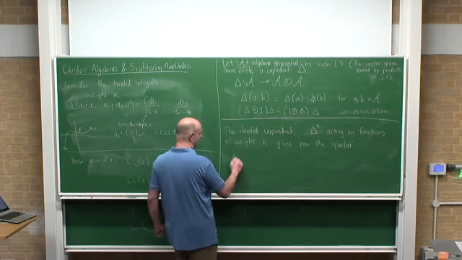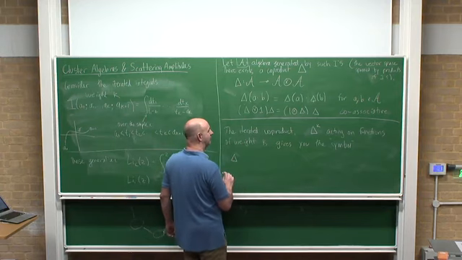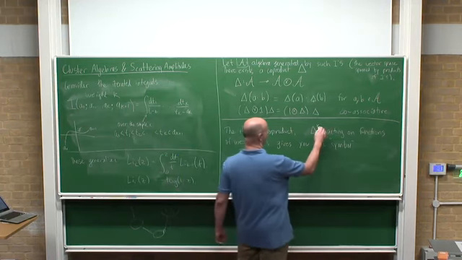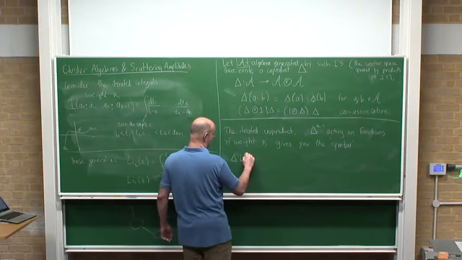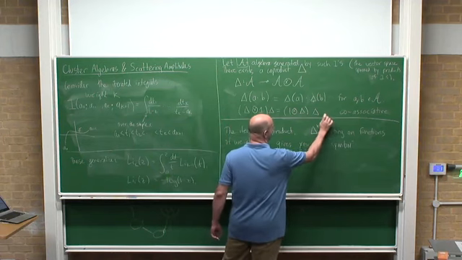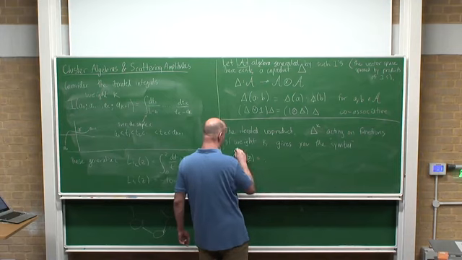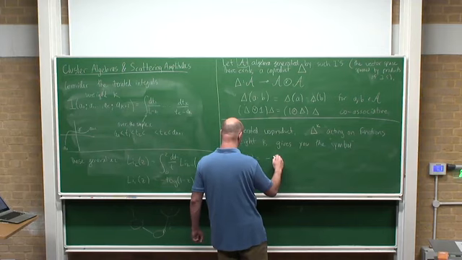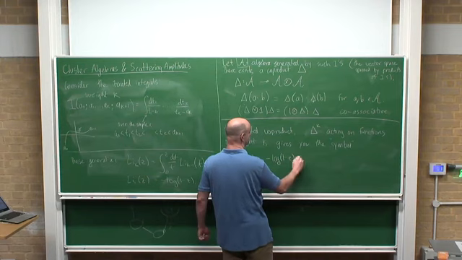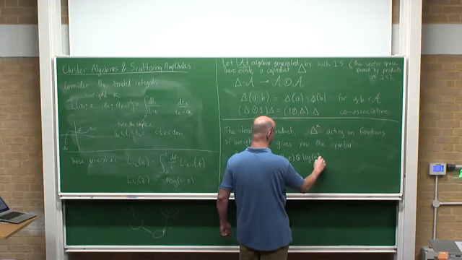So for example, delta squared, I should say delta k minus 1. Because, for example, no, it's safe to go all the way. Delta squared Li 2 of z would give you minus, oops.